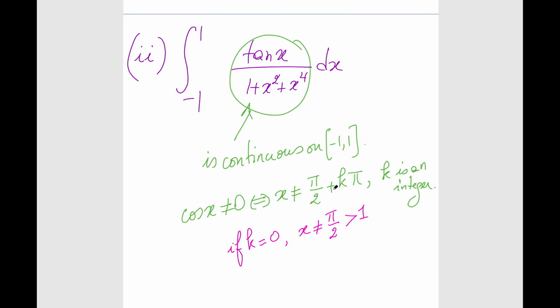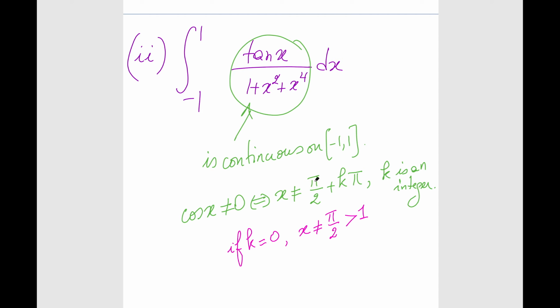So it looks like when k is 0, the bad point is outside of the set. And when k is 1, you're moving in the positive direction of that upper bound 1, right? You're increasing.